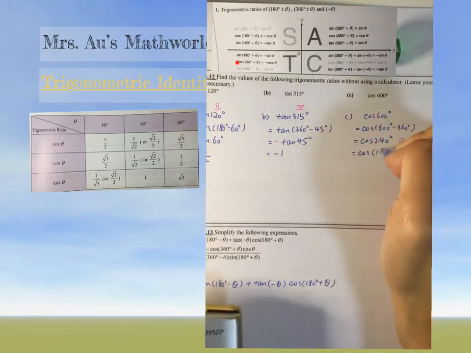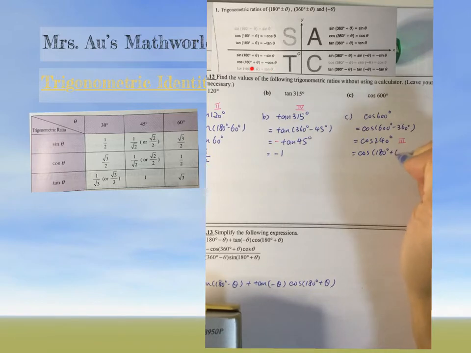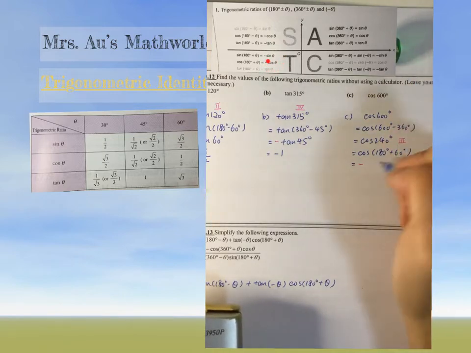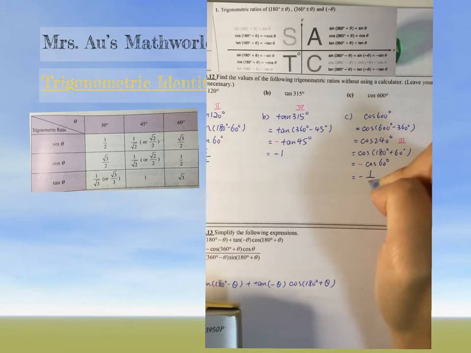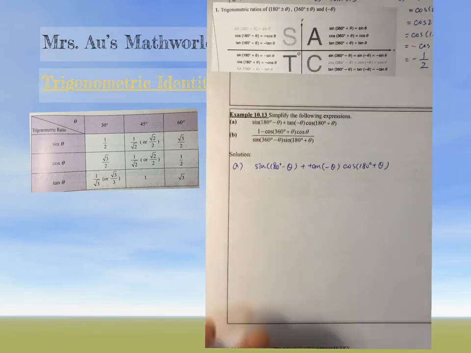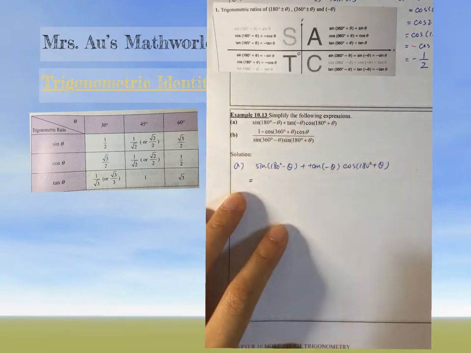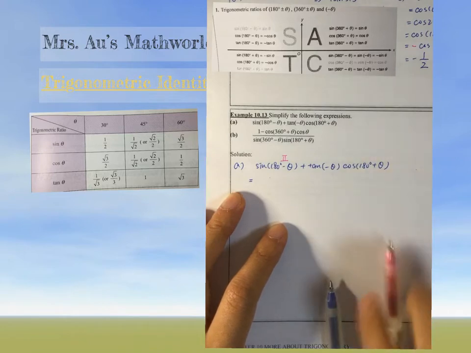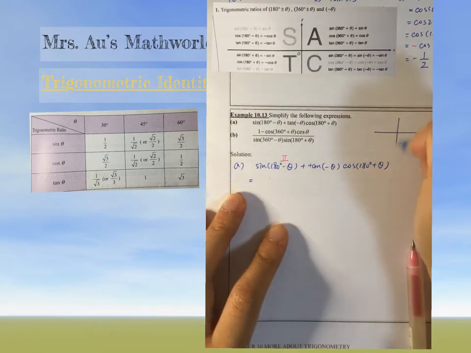So it becomes 180 degrees plus, and you find the angle, which should be 60. So right now we have cosine 60 degrees, and you can check it out. The value equals negative 1 over 2. Okay. And so for this part, the focus changes to how to find the quadrants.